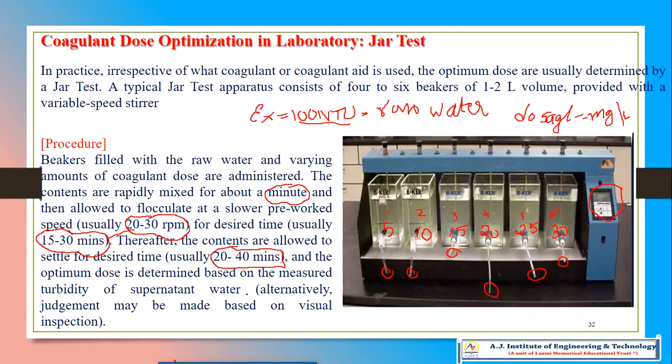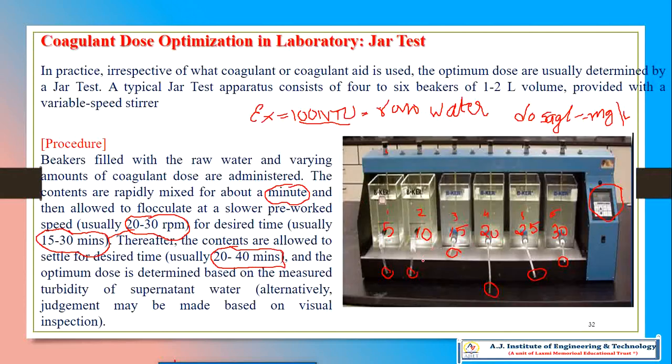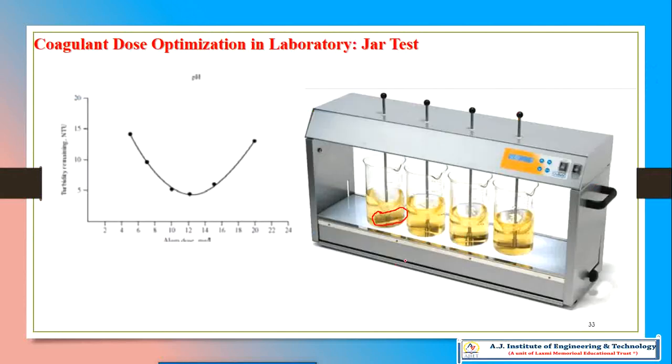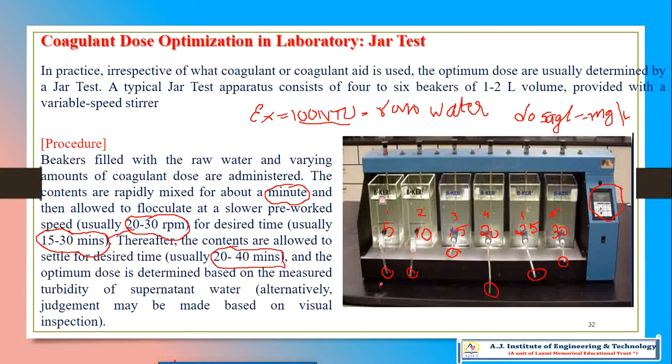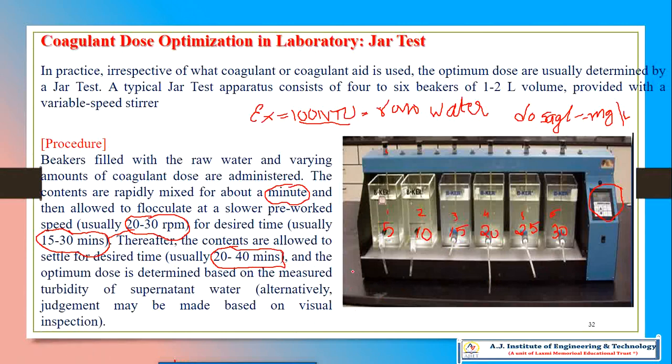So while checking the turbidity, for example, for the 5 milligram per liter dosage you may get a turbidity of 15, or here 20. This is the turbidity I am giving as an example. For the first beaker you may get 20.